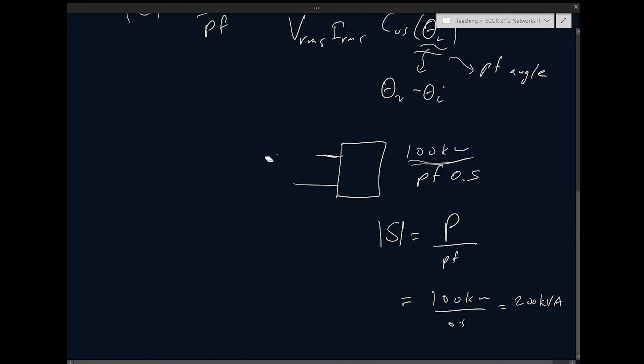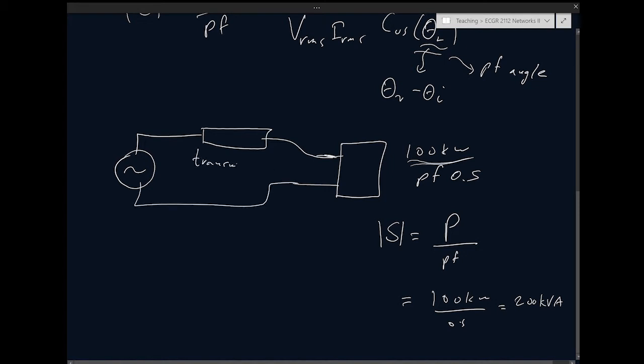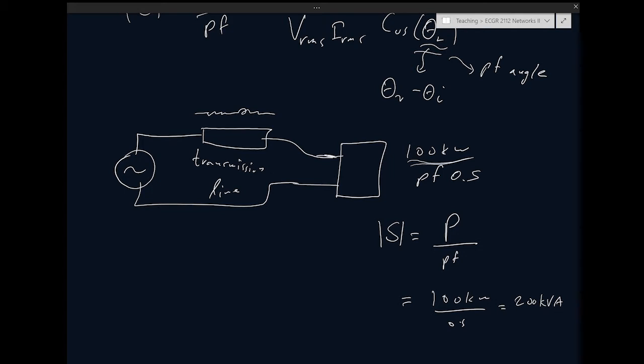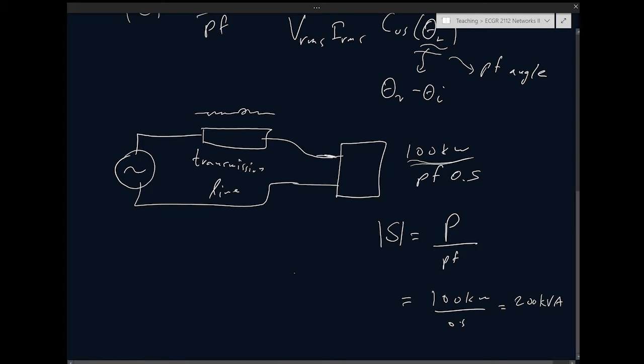But if your source is like a utility that's far away, and then you have a transmission line in between, so this is a transmission line. So typically this will be like a resistor, an inductor, right? So if you have a transmission line in between, what does higher apparent power mean? Well, higher apparent power means higher current, right? Because apparent power is Vrms magnitude Irms, right?